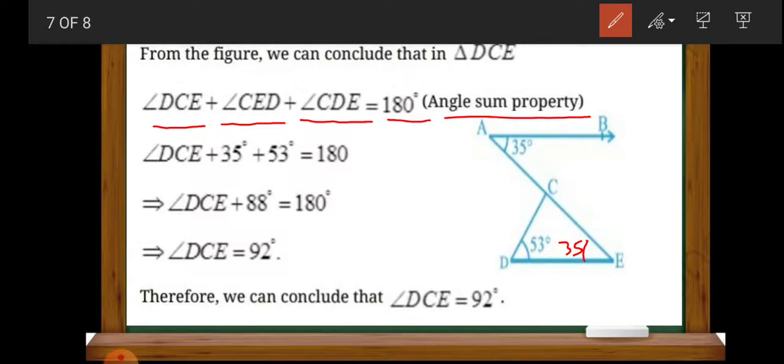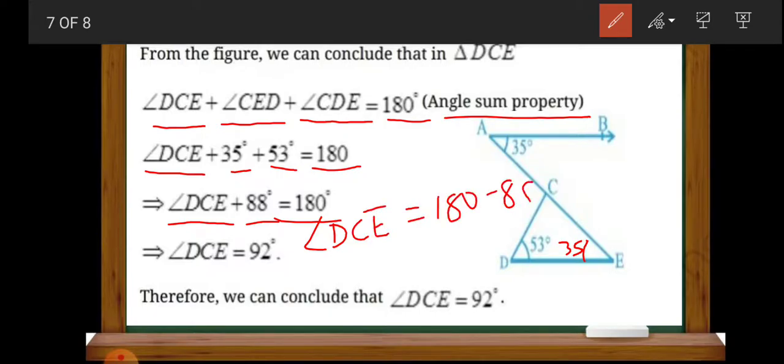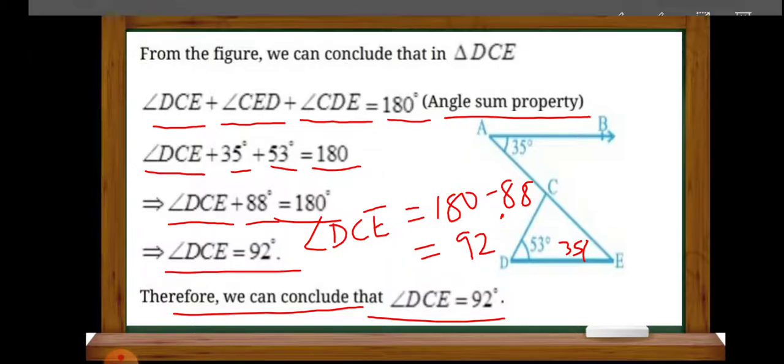So write angle DCE as it is, plus angle CED is 35 degrees plus angle CDE is 53 degrees, equal to 180 degrees. So angle DCE plus 35 plus 53, which is 88, is equal to 180 degrees. So angle DCE is equal to 180 minus 88, which is 92 degrees. Therefore, we can conclude that angle DCE is equal to 92 degrees.